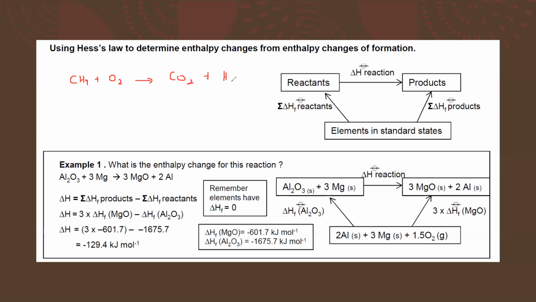The equation must be balanced, so balancing starts with carbon, followed by hydrogen, and lastly oxygen for a combustion equation. And in the question, the enthalpy change of formation is given.